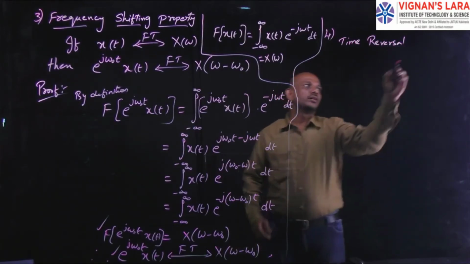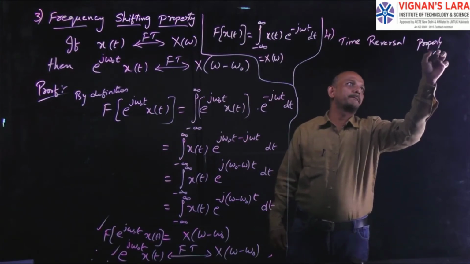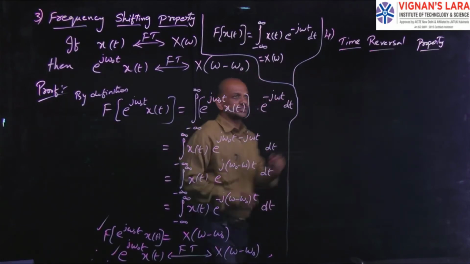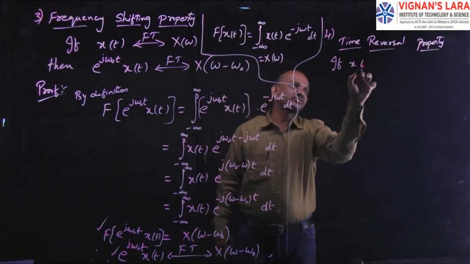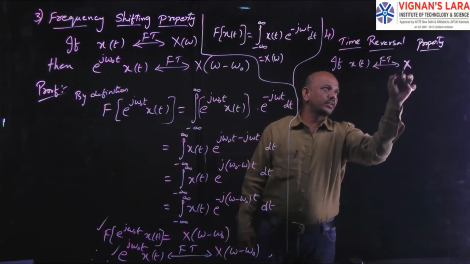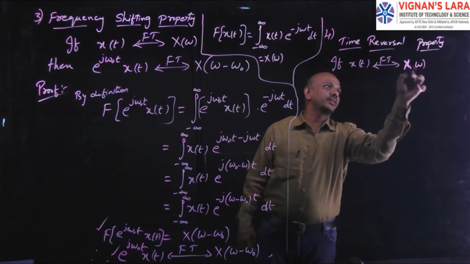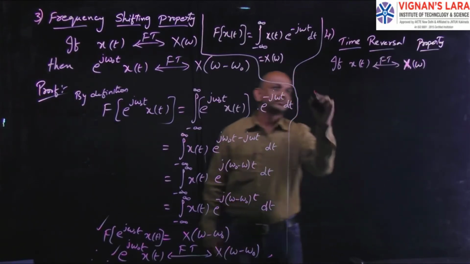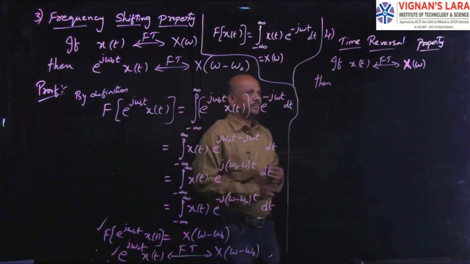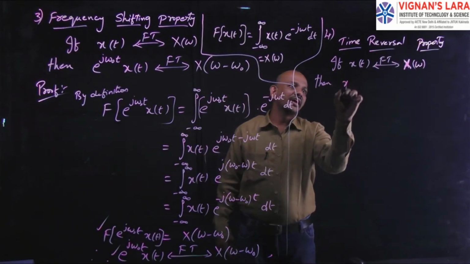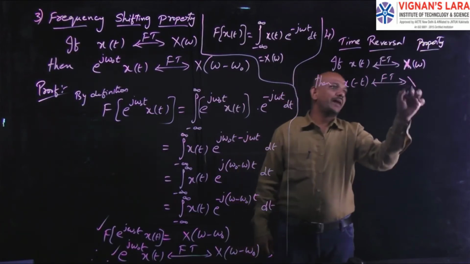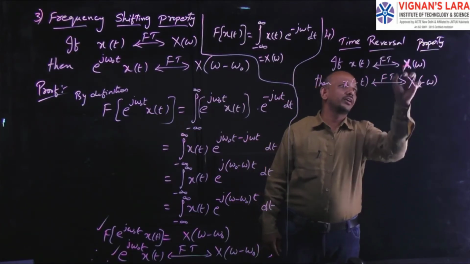What the time reversal property states is that if x of t has the Fourier transform capital X of omega, then x of minus t will have the Fourier transform capital X of minus omega.